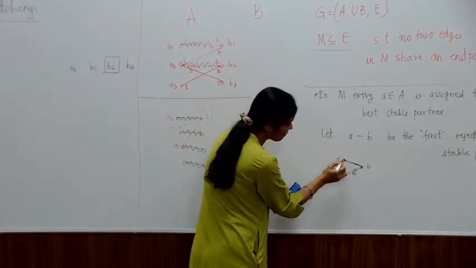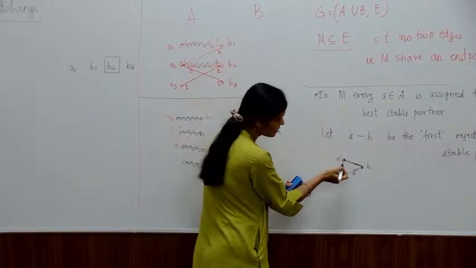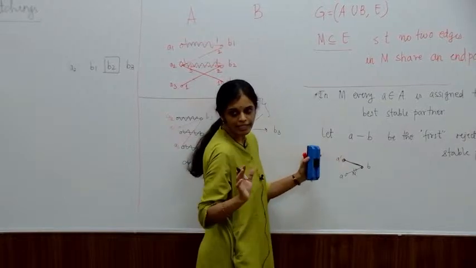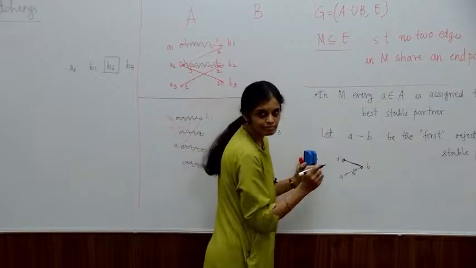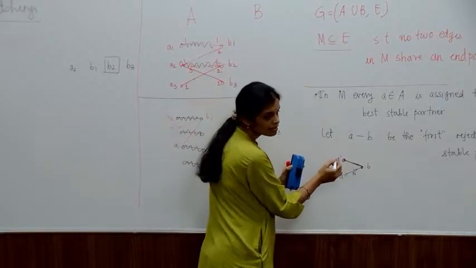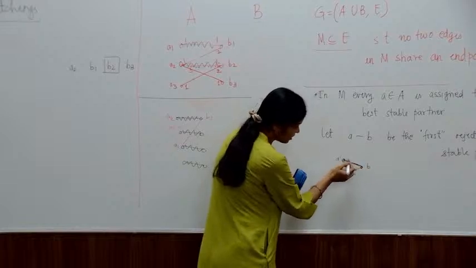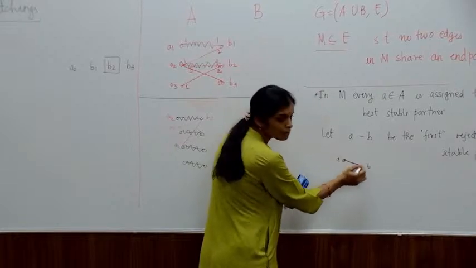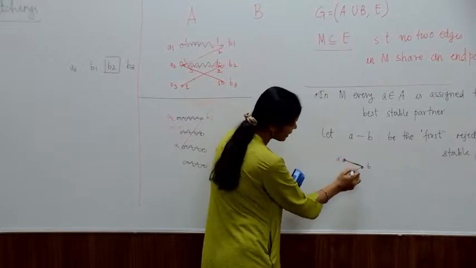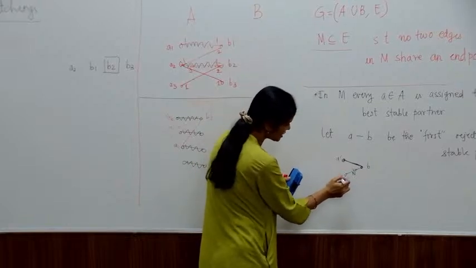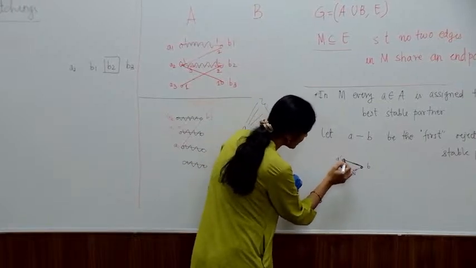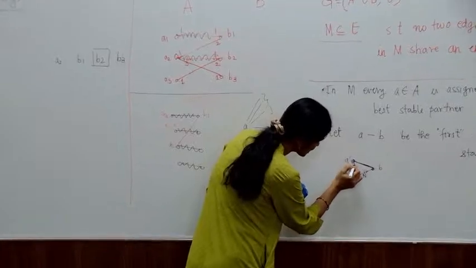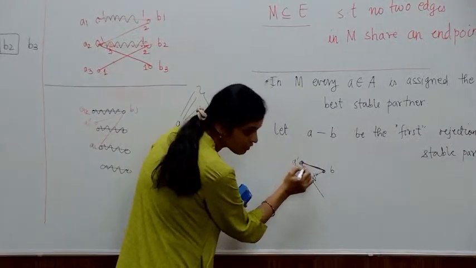Because if A prime is unmatched, then A prime B will block N. Is that clear to everybody? Vacuously, because it has no partner. But having no partner is not enough. B also prefers A prime over A, right? With respect to its N partner. Similarly, if A prime is matched, it cannot be matched lower.